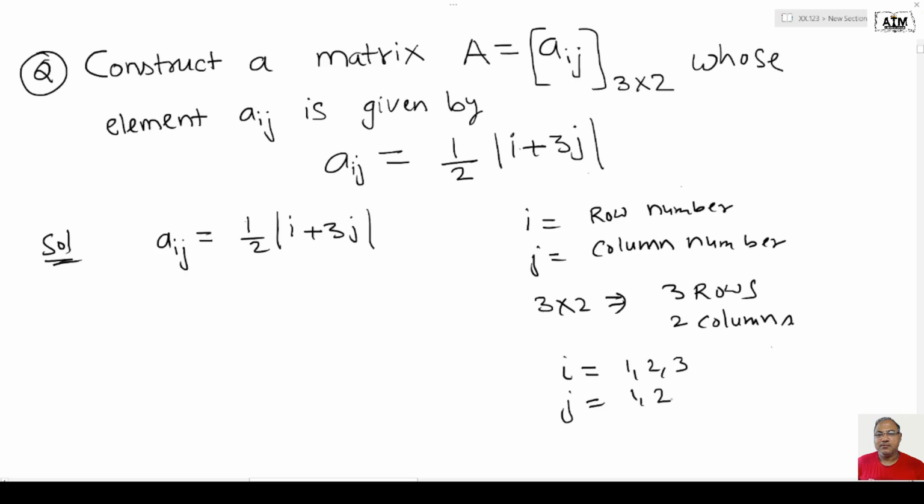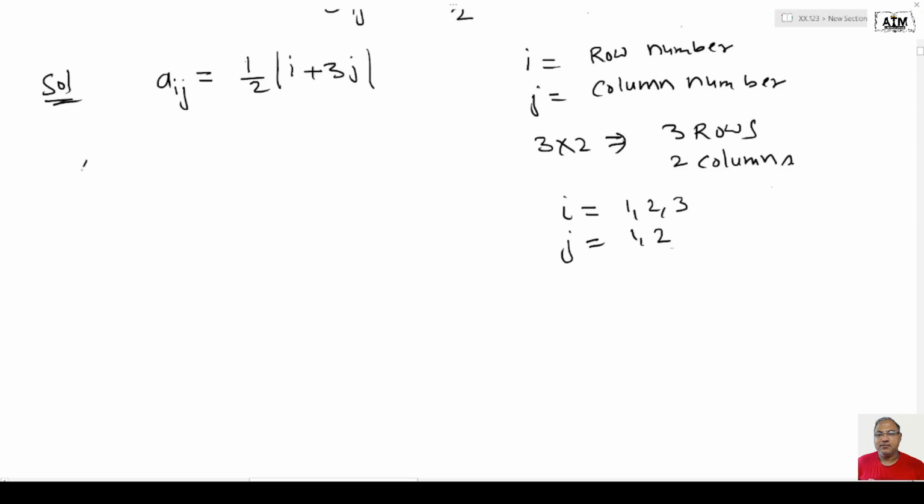So we need to substitute the values i equals 1, 2, 3 and j equals 1, 2 in the given equation, and we get the elements of the 3 rows and 2 columns. The required matrix will be in the form A11, A12, A21, A22, A31 and A32.